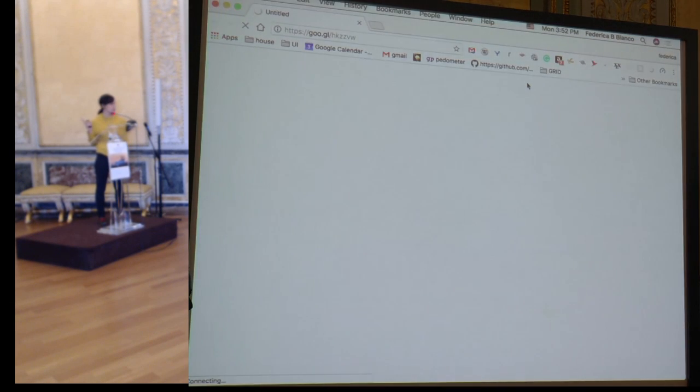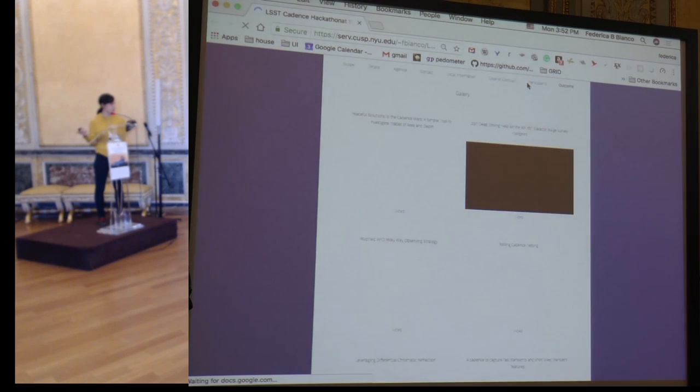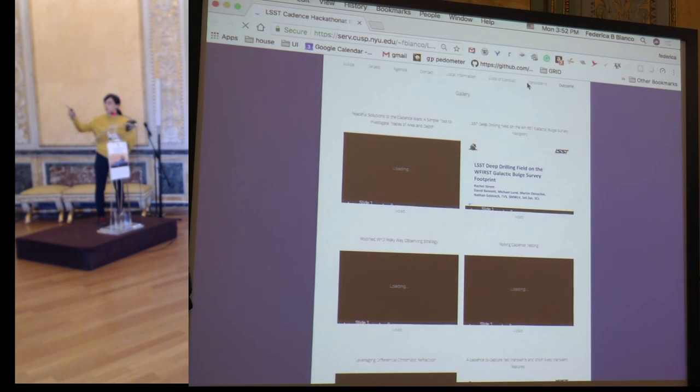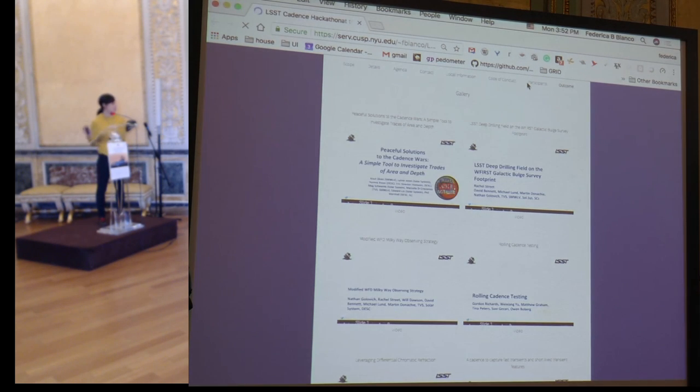These are the 4 slides that were presented in the competitive process of acquiring the honorarium. So each one of these is a set of 1 title and 4 science slides that I strongly encourage you to review. And these papers cover all sorts of topics, from deep drilling fields to synergistic approaches to the wide fast deep that can solve many science cases, to rolling cadence.